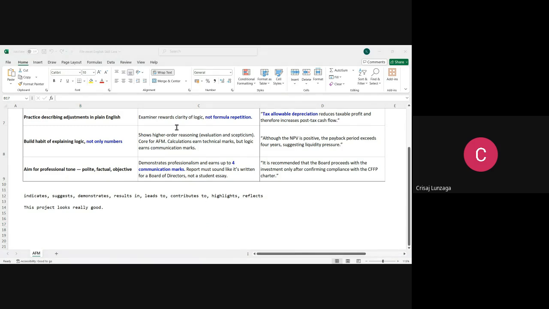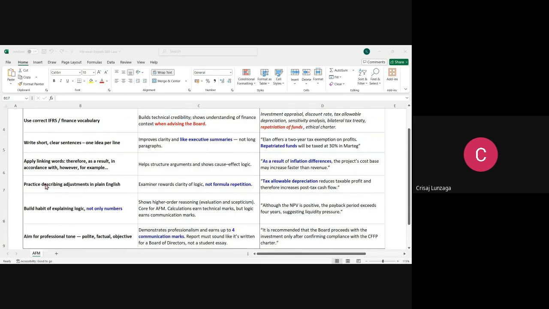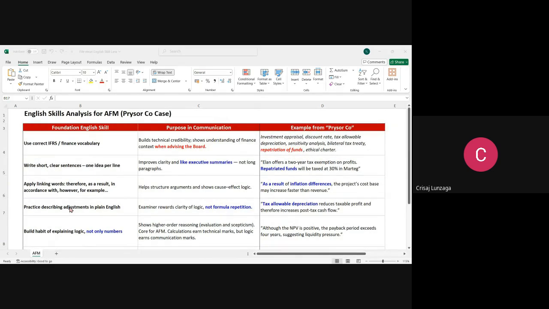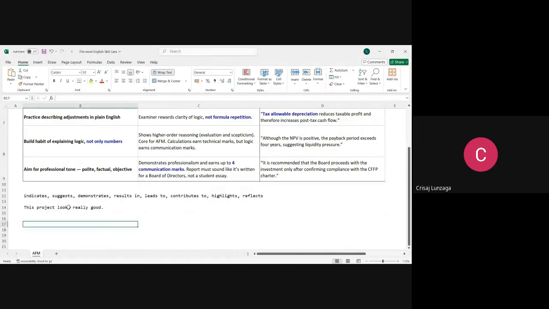This one is not a good sentence in your report. How are you going to make this better using linking words? How are you going to apply a professional tone? How are you going to apply finance vocabulary? So maybe someone can try to make this sentence a better one.